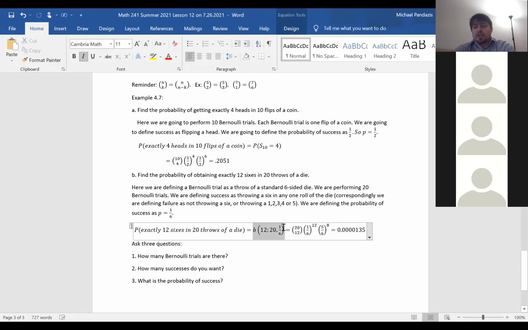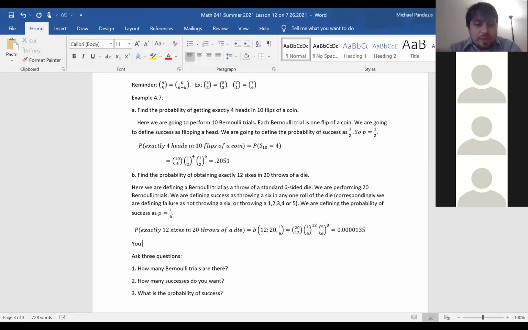So the notation is telling you how to do the problem, right? So let's say I call this step 1.